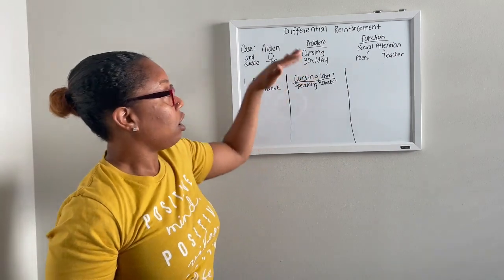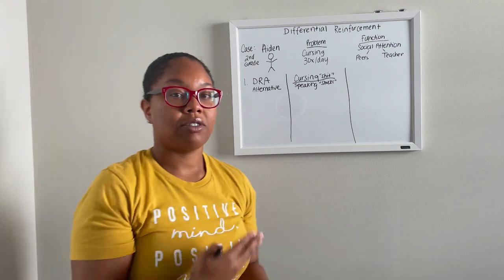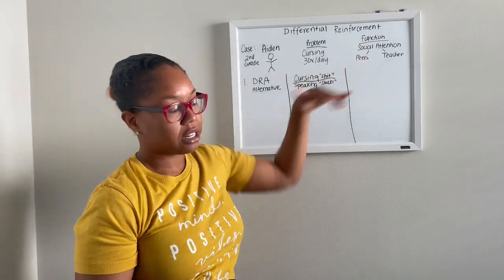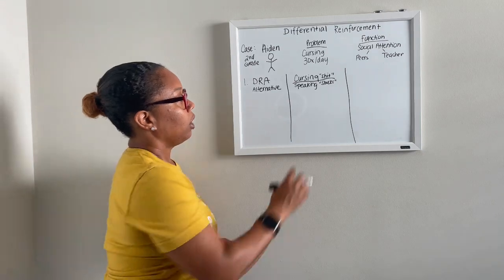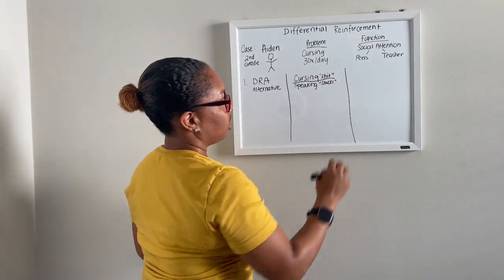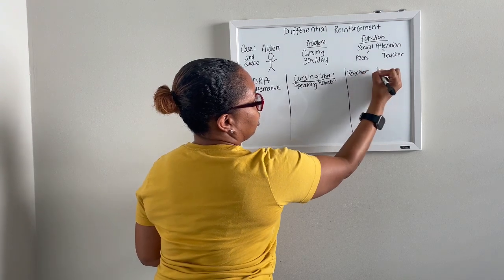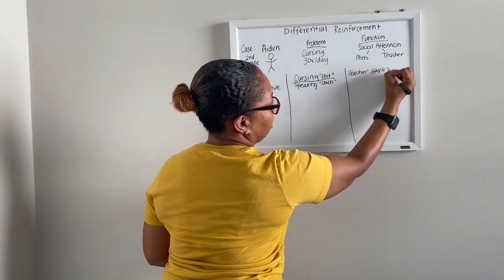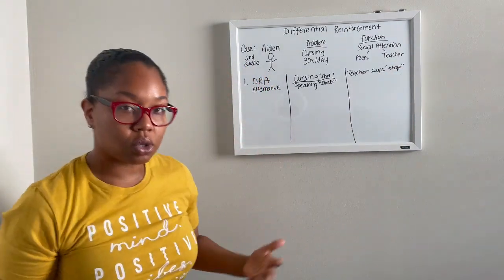Remember, if we are going to reinforce a different behavior, we have to make sure that it's matching the function of why they're doing it in the first place. So if when he curses and says shit, he usually gets the teacher to say, stop that, Aiden. Right? That's what she usually does.